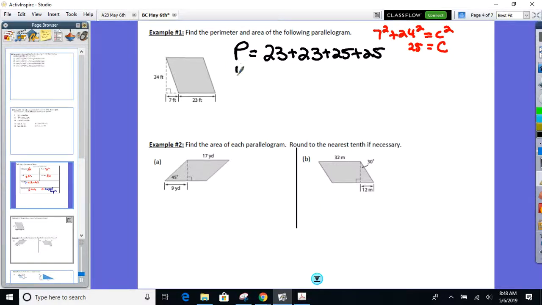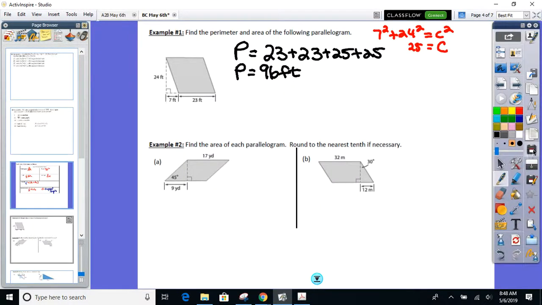So we're looking at a perimeter of, what do we have here? I'm not going to ask somebody just to add those up. 96. Haven't done it all year long until this unit, but you will get points off on a test or quiz if you don't put the units anymore, and you'll see why when we do area. So 96 feet.